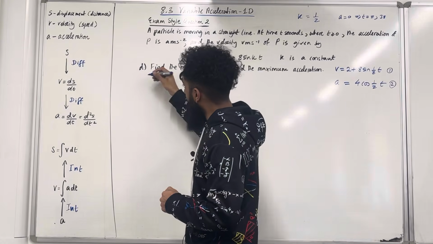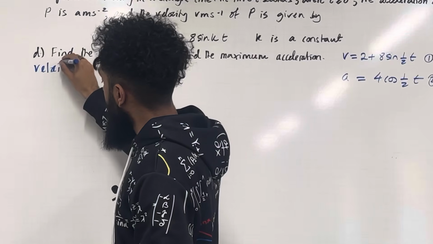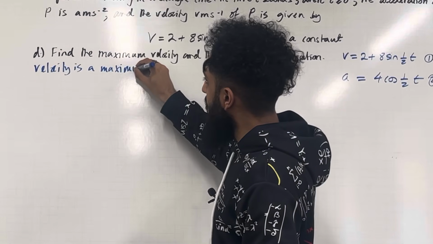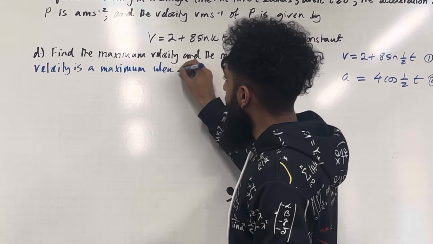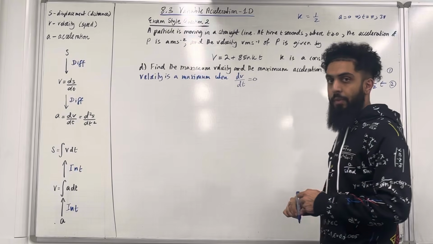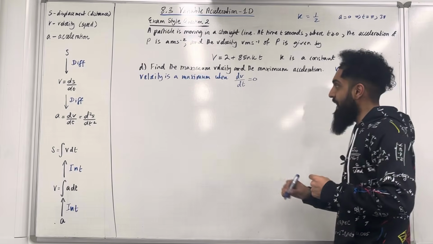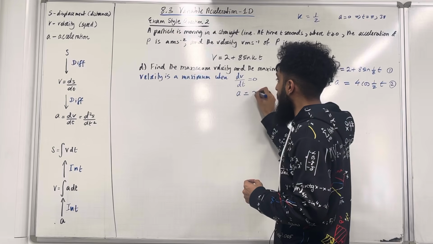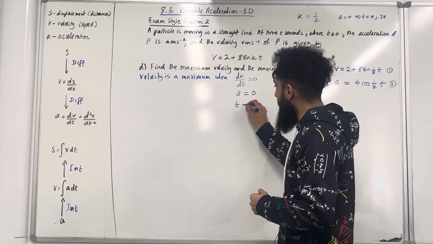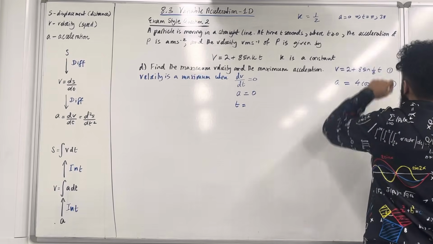So we know that the velocity is a maximum when dv over dt is equal to 0. Now dv over dt represents a, so a equal to 0. When a is equal to 0, we know that t is equal to pi and 3 pi.